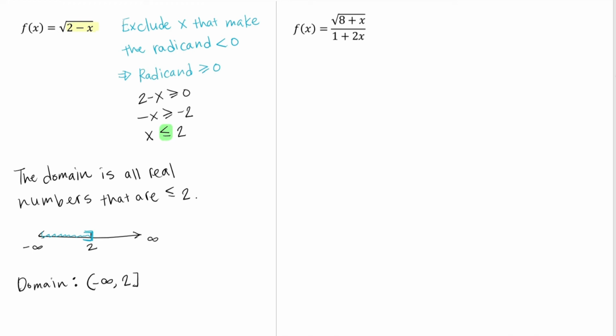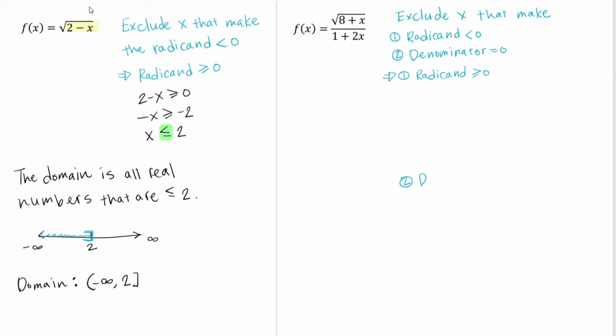In this case, we need to exclude values of x that make the radicand less than 0 and the denominator equal to 0. We need the radicand greater than or equal to 0 and the denominator not equal to 0. For the radicand, we have 8 + x is greater than or equal to 0, so x is greater than or equal to negative 8.